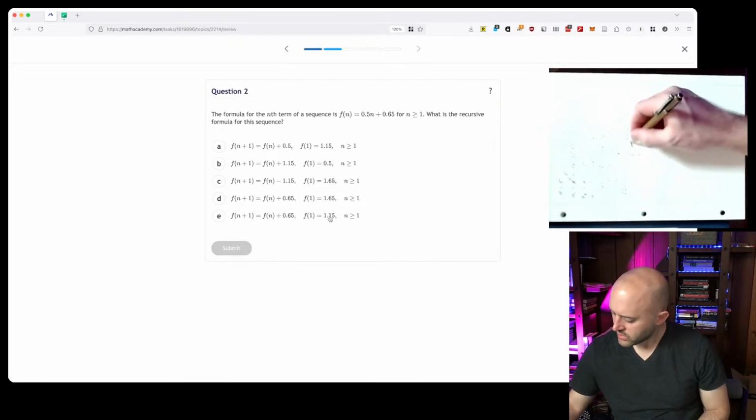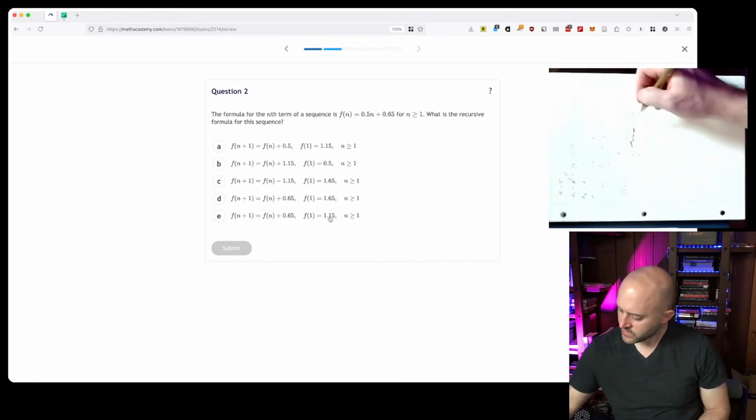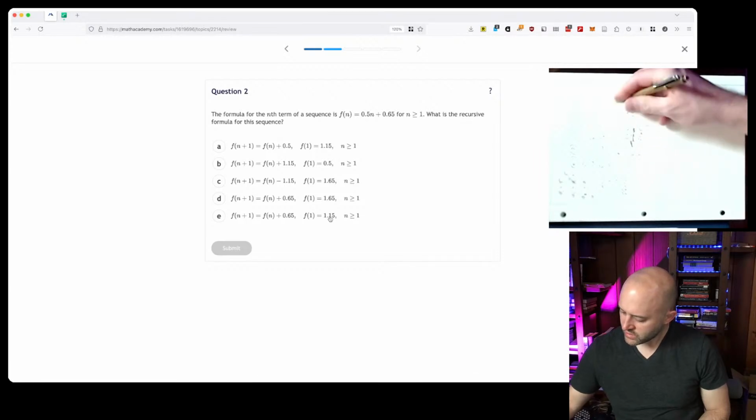Oh, no. The formula, it would be 0.5 times 2, which is 1. 1 plus 0.65, which is 1.65. The third one, just to finish this out, would be 1.5 plus 0.65, which is 2.15.